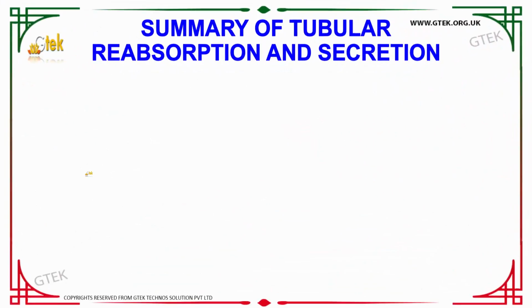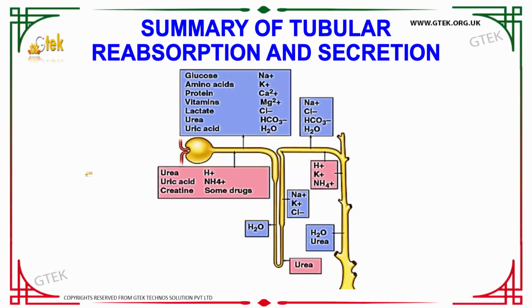Next we are going to see the summary of the tubular reabsorption and secretion. So this diagram depicts how the tubular absorption and secretion is done in your nephron. In the glomerular region, you have the urea, uric acid and creatinine and some drugs. And here it will absorb the glucose, amino acids, proteins, vitamins, lactate, urea and uric acid.